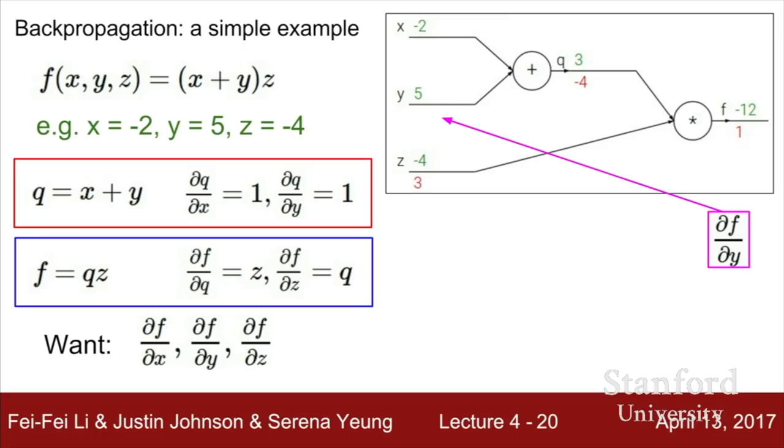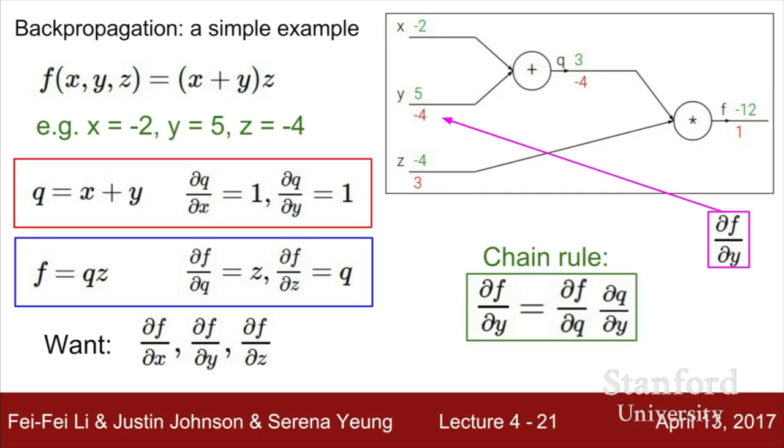OK, so now continuing to move backwards through the graph, we want to find df over dy. Right? But in this case, the gradient with respect to y is not connected directly to f. Right? It's connected through an intermediate node q. And so the way we're going to do this is we can leverage the chain rule, which says that df over dy can be written as df over dq times dq over dy.